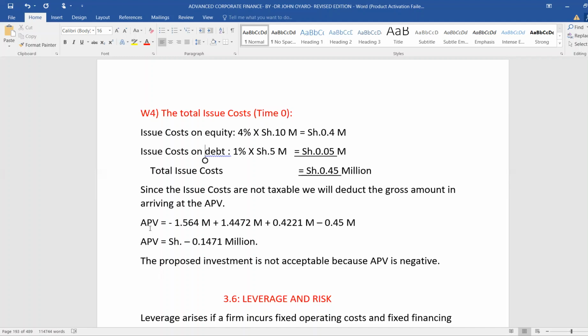So the adjusted present value is the base case NPV plus the total present value of the interest tax shield plus the total present value of the after-tax cost savings on subsidized loan, minus the total issue costs. The answer is minus 0.1471 million. Maybe you can confirm that that is the adjusted net present value.